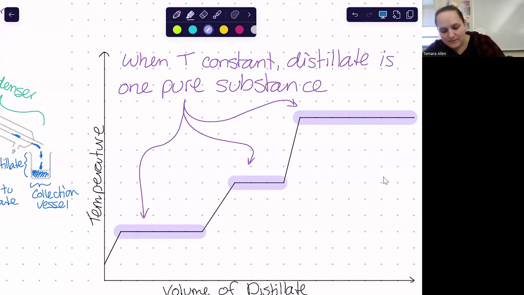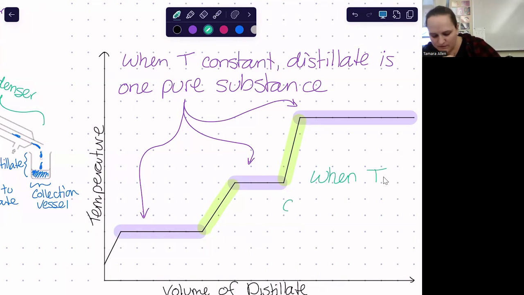So when the temperature is changing, we have these different sloped parts, particularly the ones in the middle, is when we are collecting a mixture in our distillate.